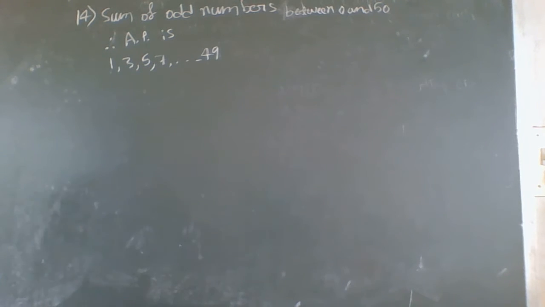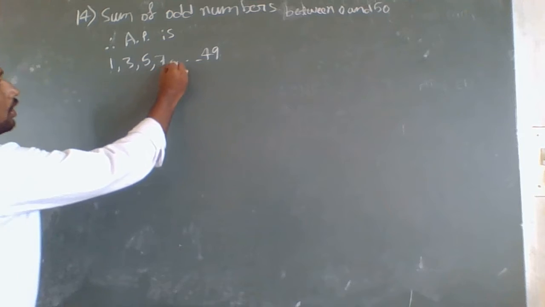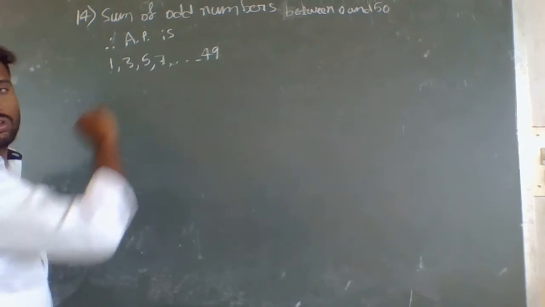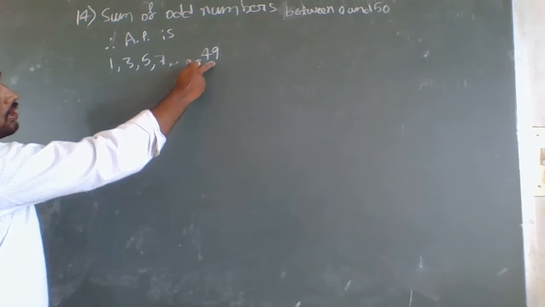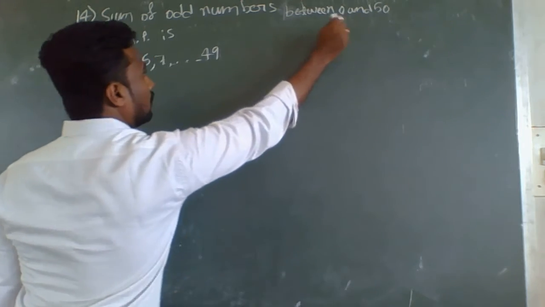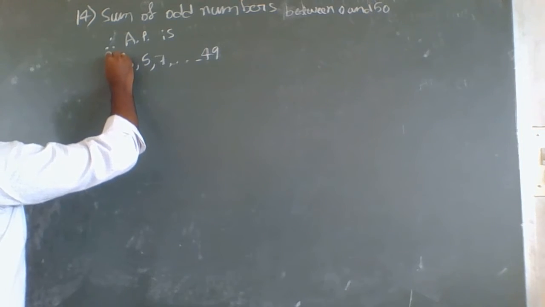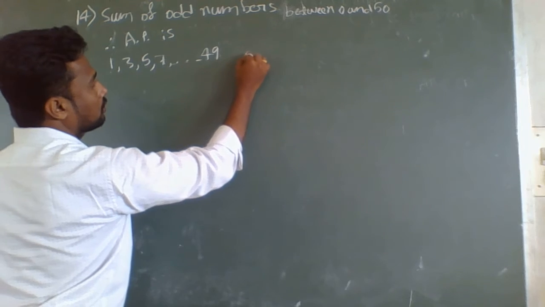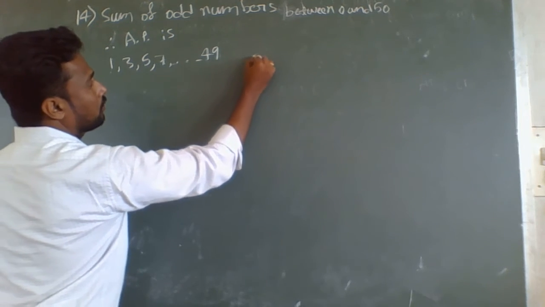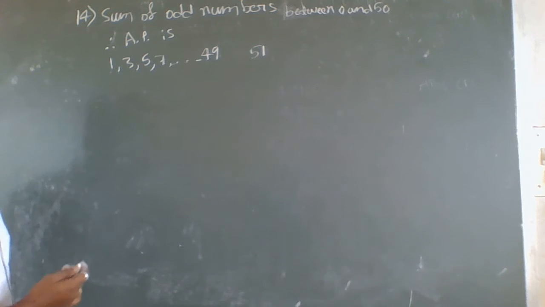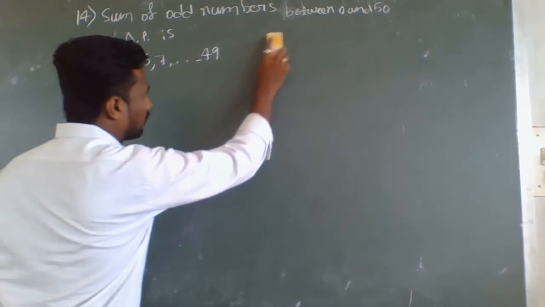These are all odd numbers up to 49. The odd numbers start from 1 and go up to 49, because after 49, 51 is the next odd number, which is greater than 50. Therefore I will consider up to 49.